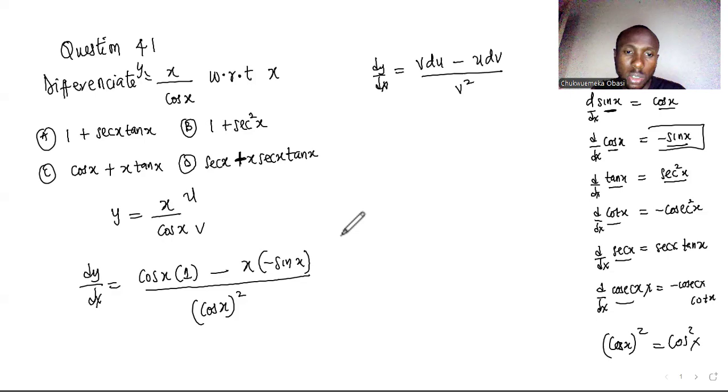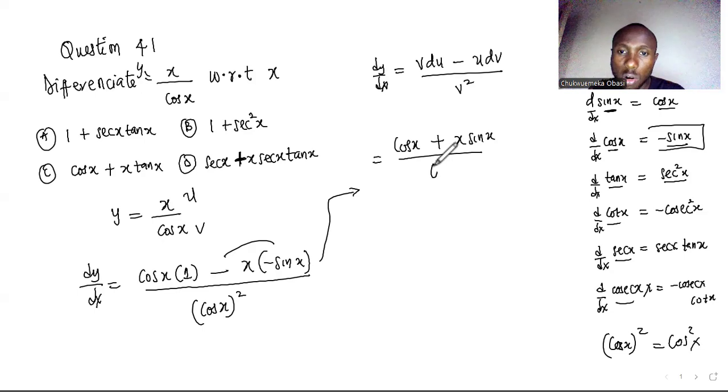Let us simplify this. This is going to be cos x plus x sine x, since when you distribute, this is what you get, all upon cos x all squared. Now, we don't have this among the options given in the problem, so we need to simplify further.